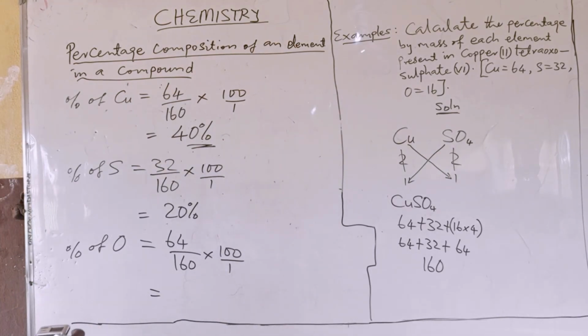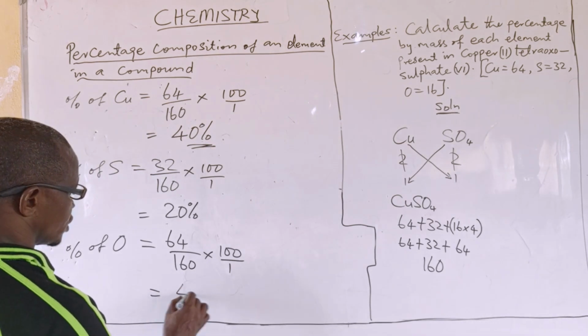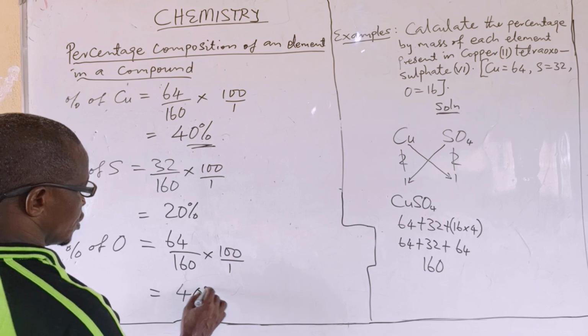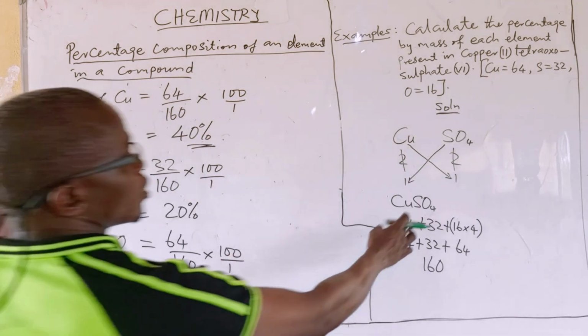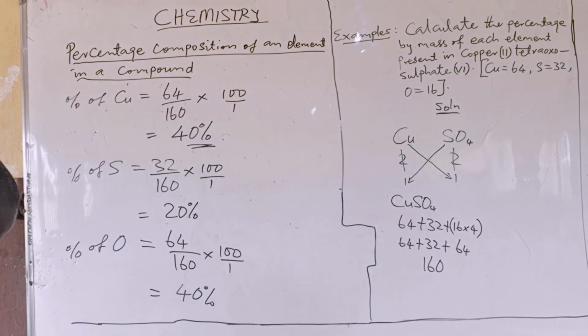Now multiply that and divide. 64 times 100 divided by 160. The answer is 40%.